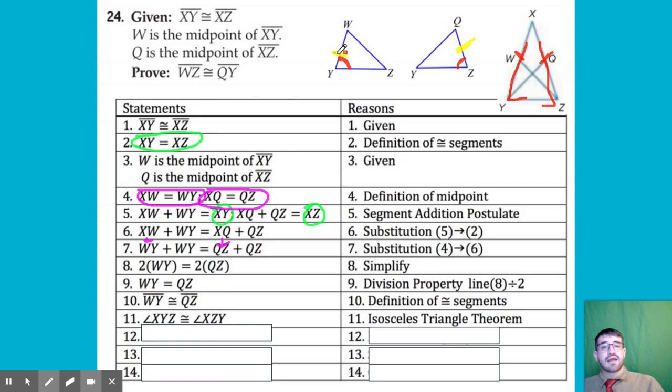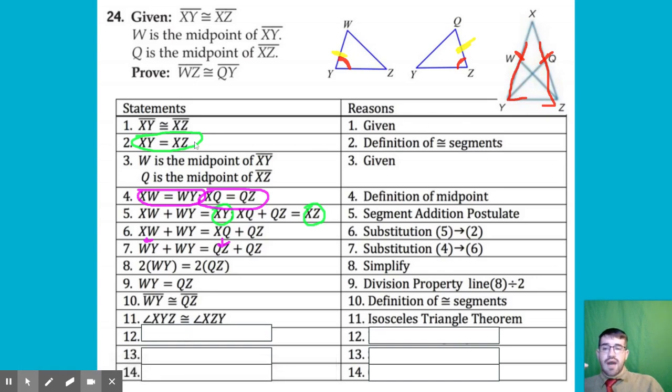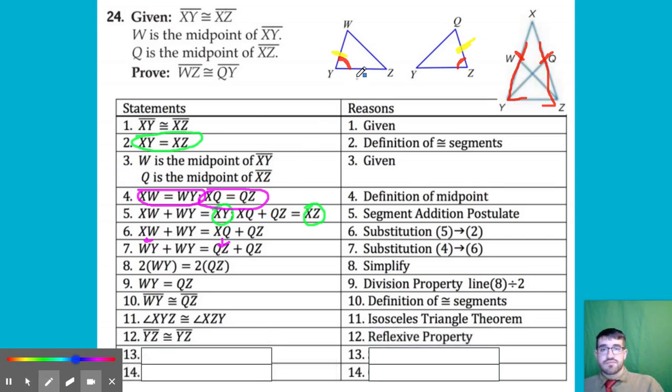Now we have a side, we have an angle. If you look at, well, I erased it now, but in our drawing, we had highlighted YZ in red and blue when we were showing the triangles, we know that YZ is congruent to YZ by the reflexive property. Mark that with a blue tick mark.